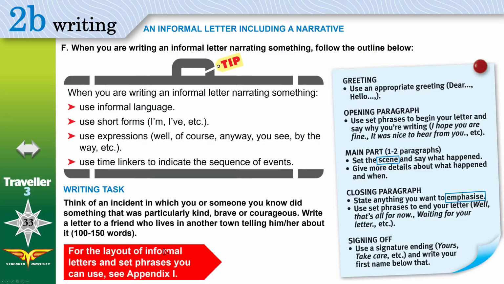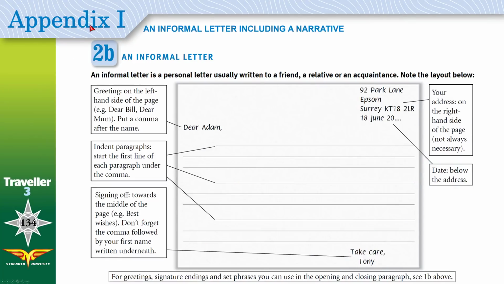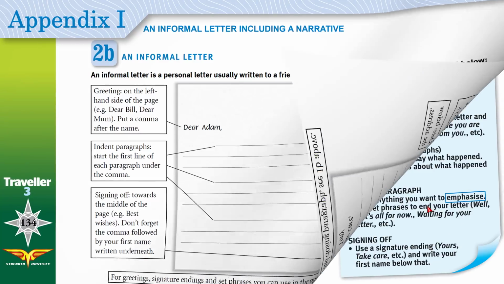For the layout of informal letters and set phrases you can use, see Appendix 1. This is Appendix 1. It can be found on page 134. This is the layout of informal letters. You can see where you can put your greeting, where you can sign off, and things like that.